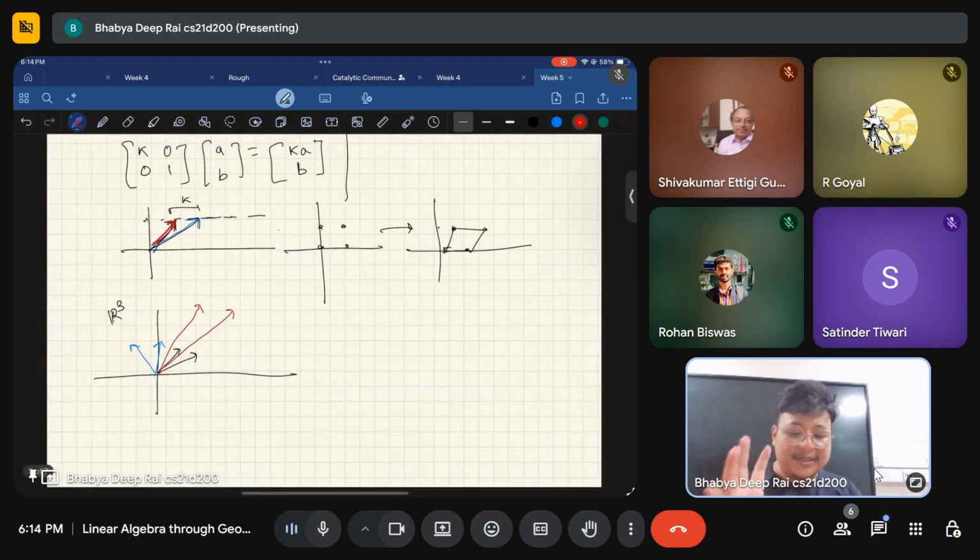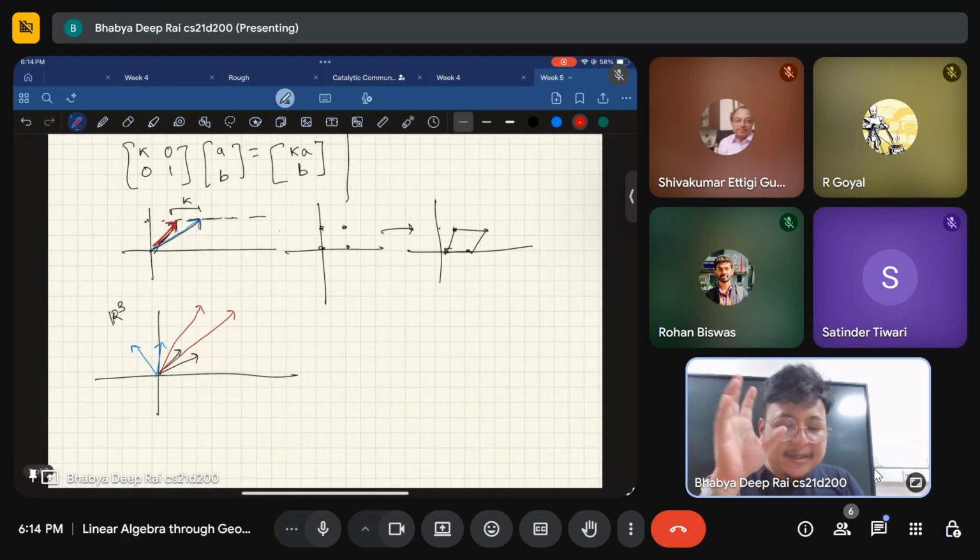Now what you want to ask is: given a linear transformation, can I guarantee that there are vectors that, when I apply the linear transformation, still remain in the same direction? The direction is unchanged. That is the question.